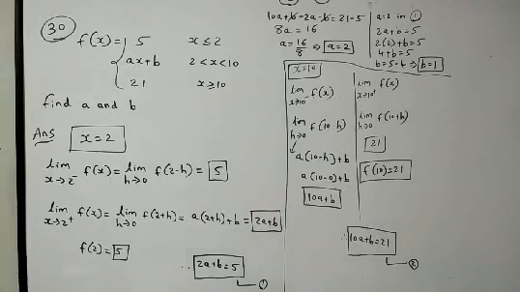Now what we are going to do is solve question number 31. Question number 31 is, show that f of x is equal to cos x square is a continuous function.